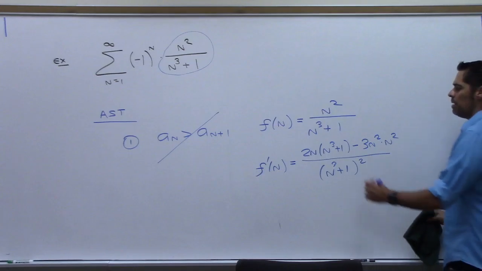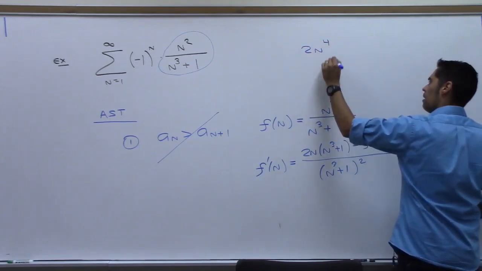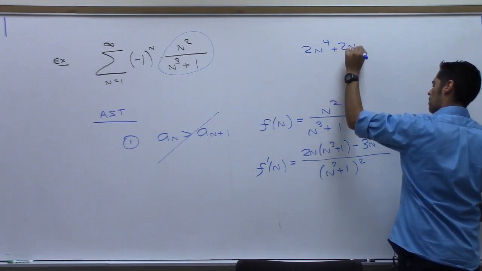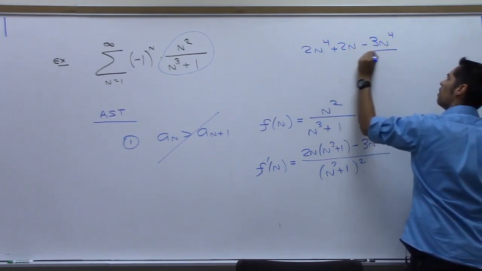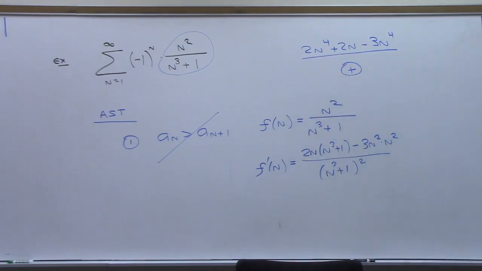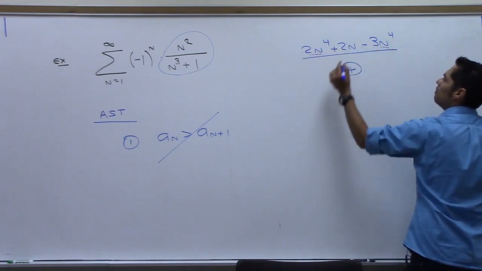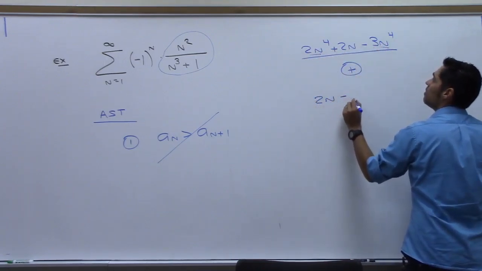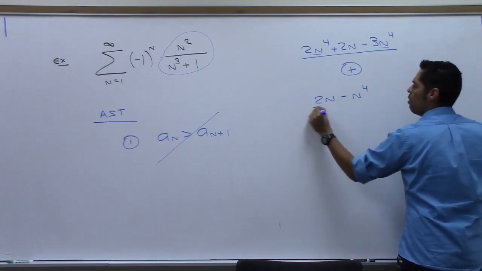Yes? Okay, so let's clean up the top. It's 2n to the 4th plus 2n minus 3n to the 4th, over the whole thing, which is positive on the bottom, guaranteed, so I don't even care about that. On the top, when I subtract, these two together, I'm going to get 2n minus n to the 4th over a positive number.